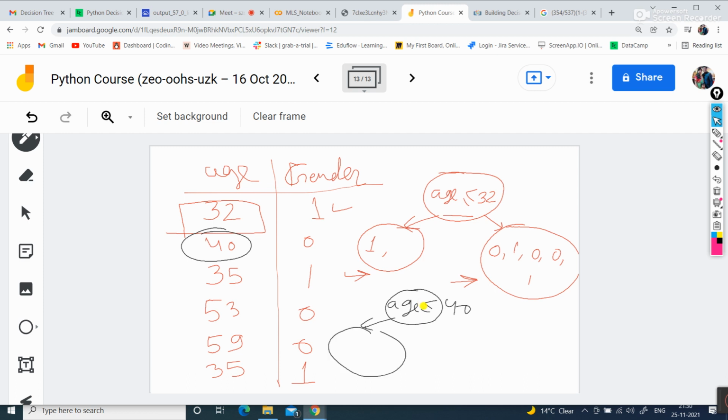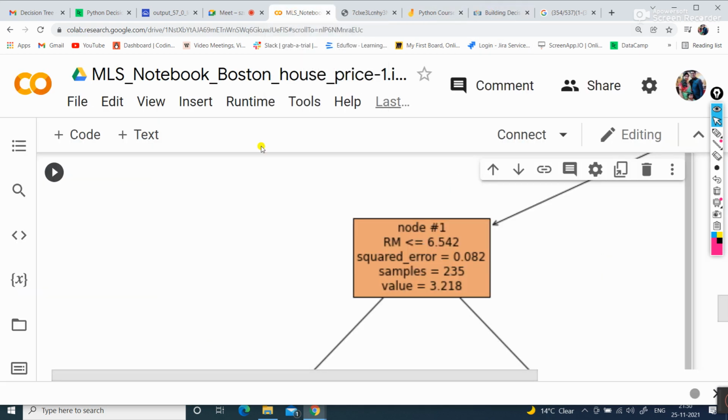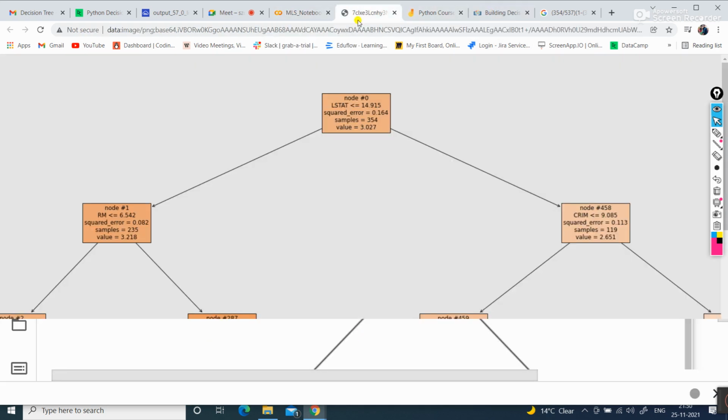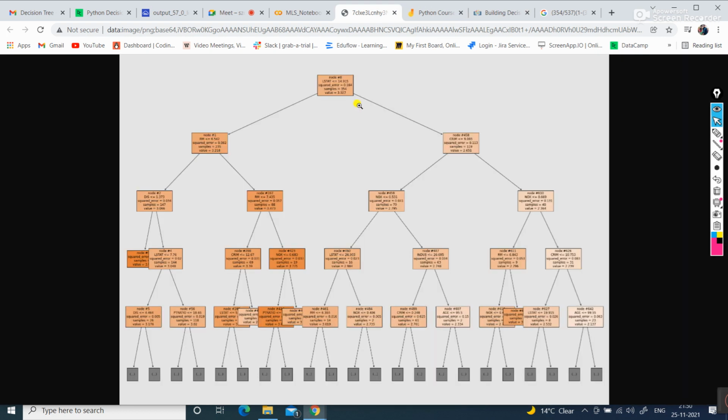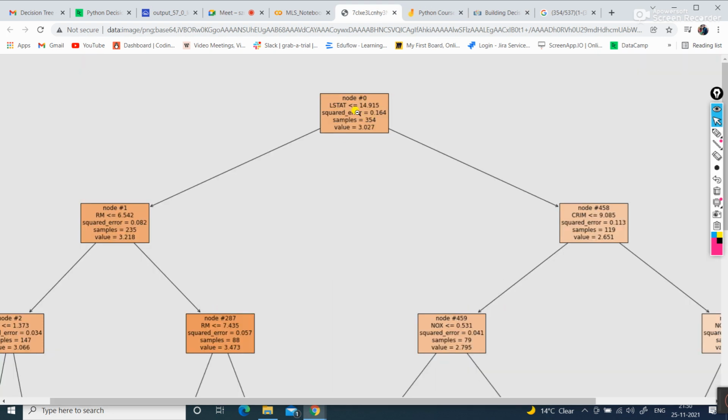Then do the same thing for 35, 53, 49. The Python code is doing the same thing for us, and it obtains 14.915 as the optimal value, or the best value we should say.